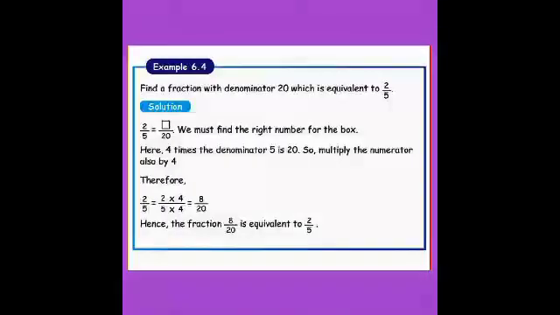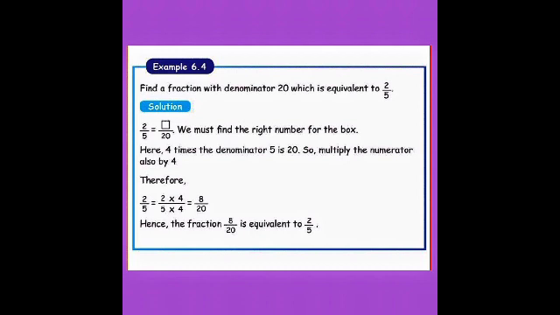Let's see an example. Find the fraction with the denominator 20 which is equivalent to 2 by 5. This means 2 by 5 is equal to box by 20. Equivalent fraction means you should multiply both the numerator and denominator by the same non-zero number.